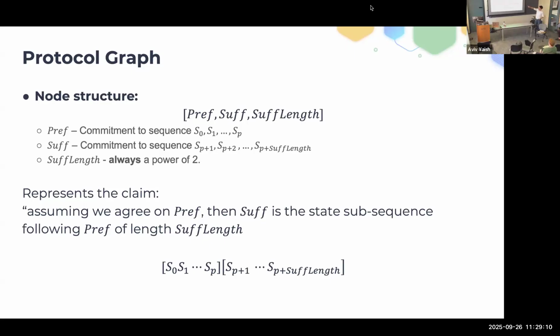Suffix is a commitment to the sequence, presumably, of length sub length immediately following that, so from SP plus 1 to SP plus sub length, and the sub length is always going to be a power of 2. It will represent the claim, assuming we agree on pref, then sub is the correct state subsequence of this length following pref. And I might sometimes use this notation too to represent this node.